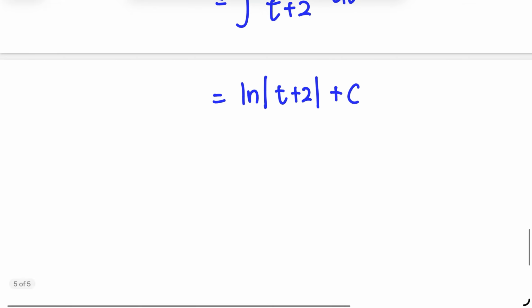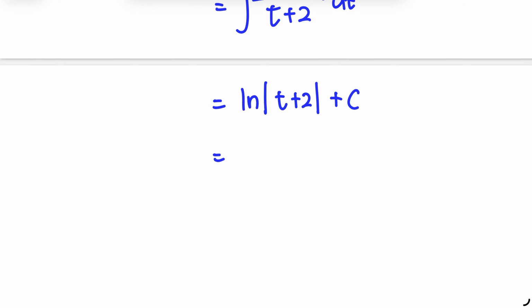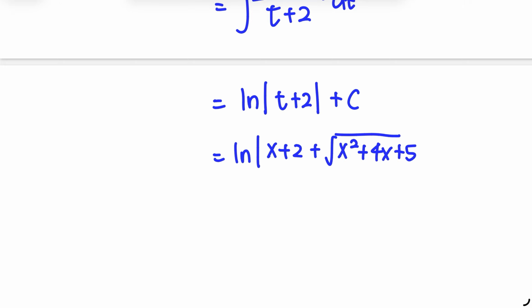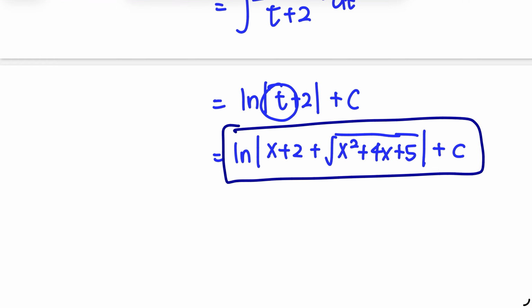If you back substitute, you get ln of x plus 2 plus the square root of x squared plus 4x plus 5, plus c. While we're substituting, t is equal to the square root of x squared plus 4x plus 5 plus x. So in the end, we get this very sweet answer.